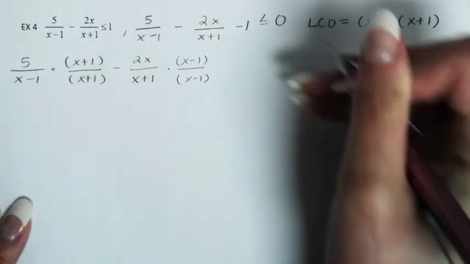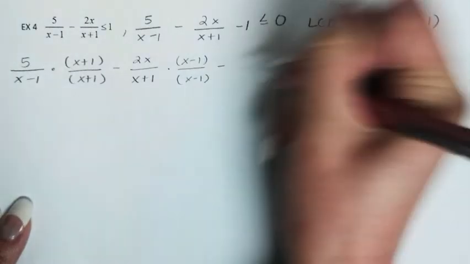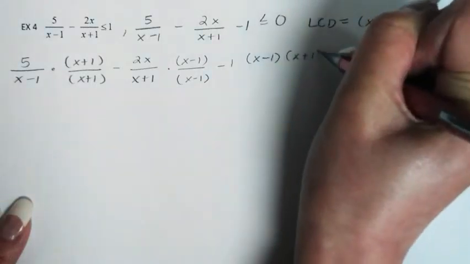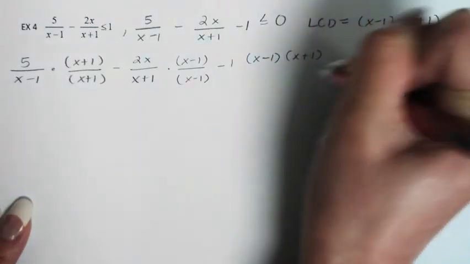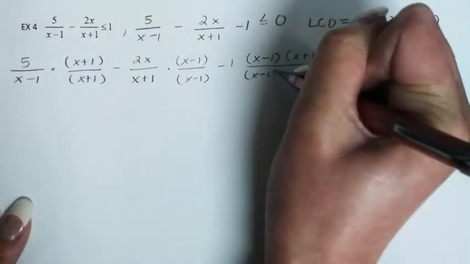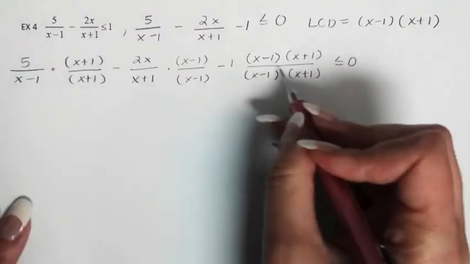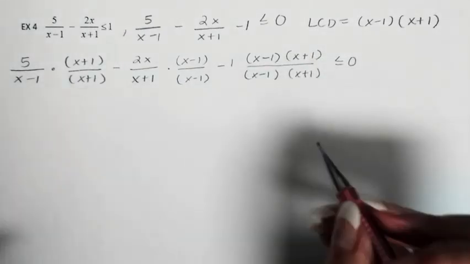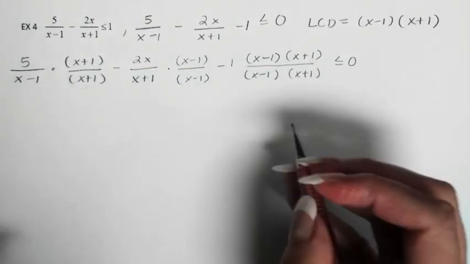And then the 1 is missing everything. So you need (x minus 1)(x plus 1) divided by (x minus 1)(x plus 1), and that one less or equal than 0. As you can see, you are multiplying your terms times magical ones, which don't affect your equation. They make it look pretty.